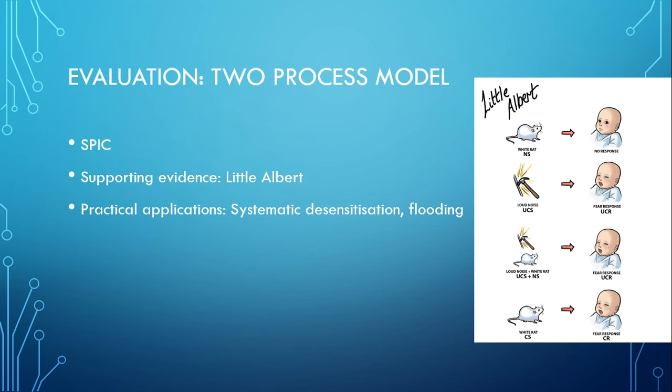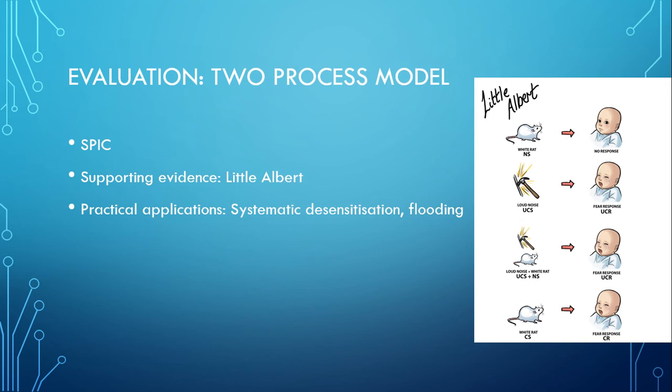So now, at the next slide, we're going to start talking about systematic desensitization and flooding, which I did briefly introduce you to. So I'm not going to mention it much now, but I would like you to return and make notes on this one later on in the video. So listen to systematic desensitization, come back and make the notes on there, and then come back and add more details.